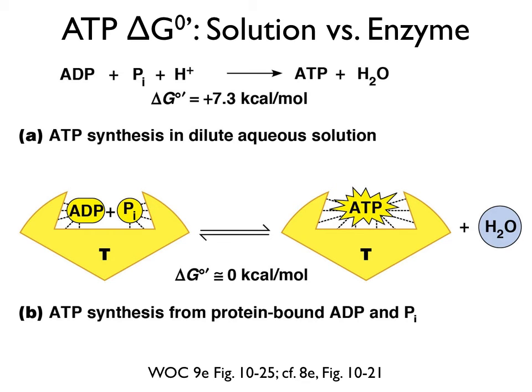If we compare that, though, to what's going on in the ATP synthase, we can see that delta G in this case is about 0.